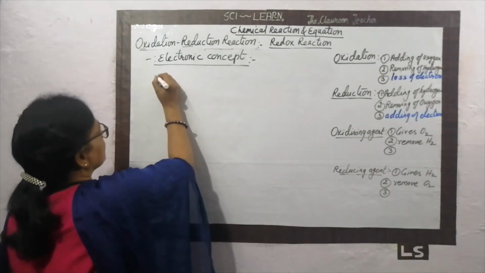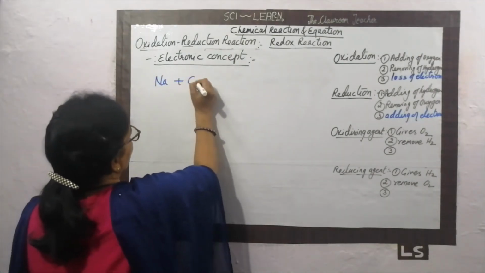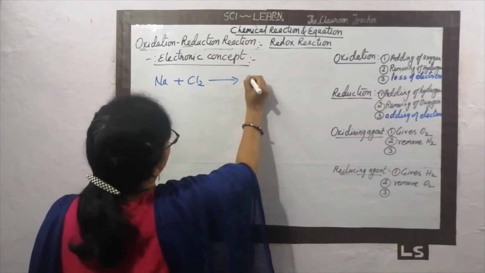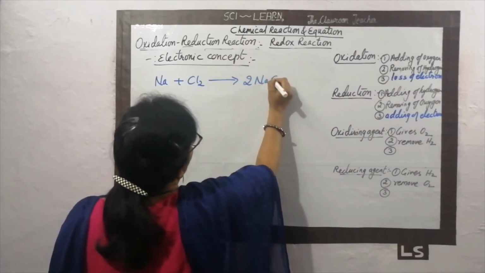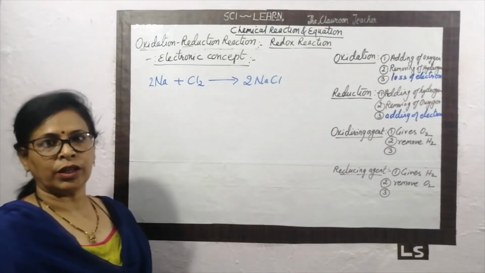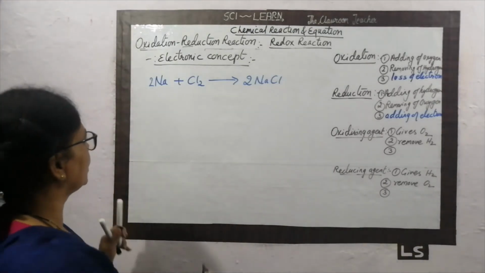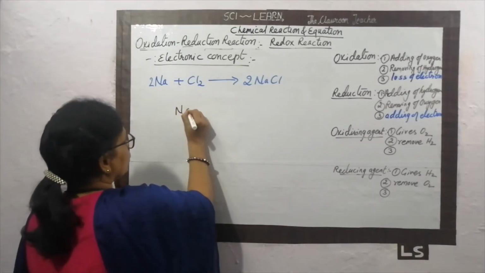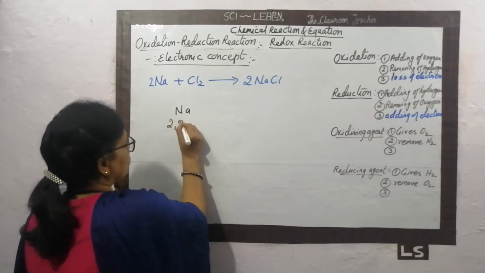One simple equation is there. Sodium combines with chlorine to form sodium chloride. This is one chemical equation. What is actually going on here? This is sodium. Sodium has 2, 8, 1.